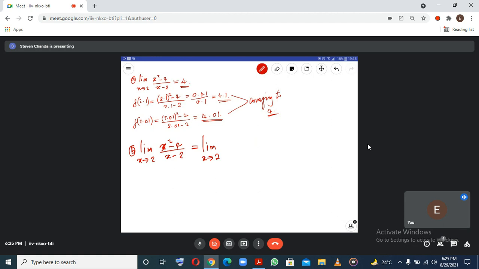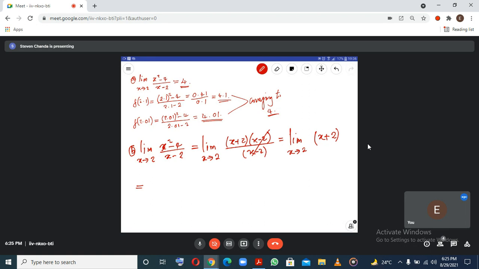So then we are going to have that over, then what are we going to have? Then we're having limit, so we cancel that. So then you can now plug in 2.